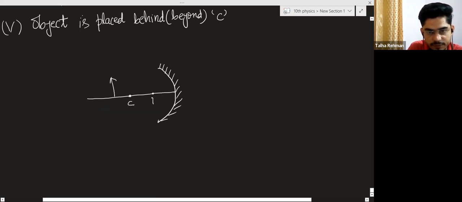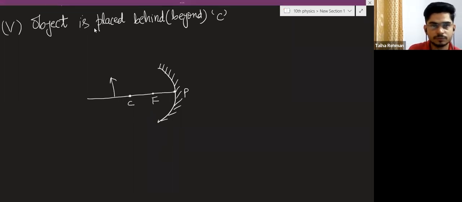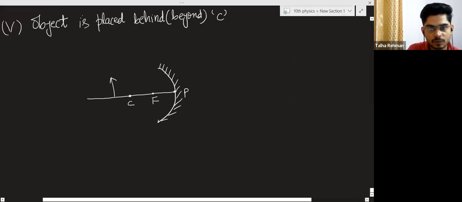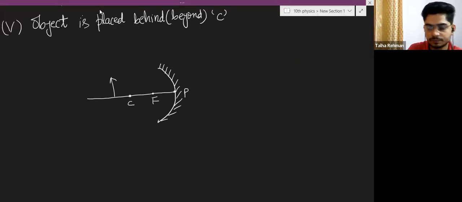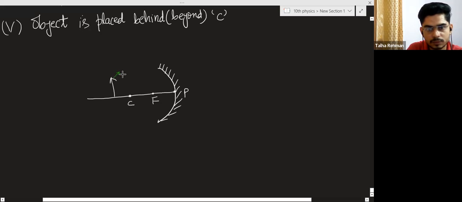See, this is A, and this is pole. So from here, a ray of light is incident on this mirror.